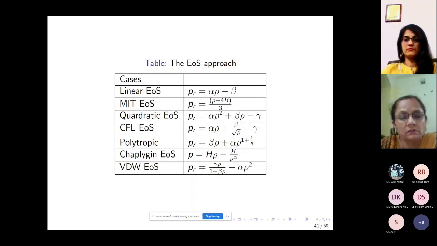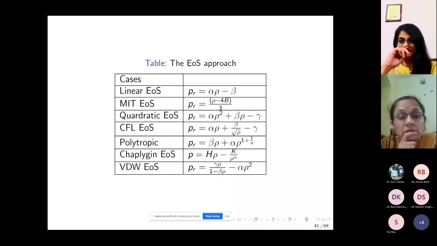Now similarly, after that we have the MIT equation of state, that is PR equal to rho minus 4B by 3. Two observational data indicate the possibility of existence of compact stars composed of deconfined quarks known as strange stars.